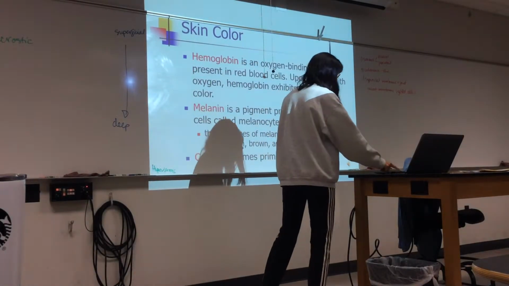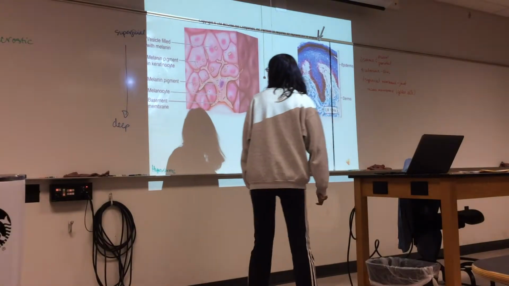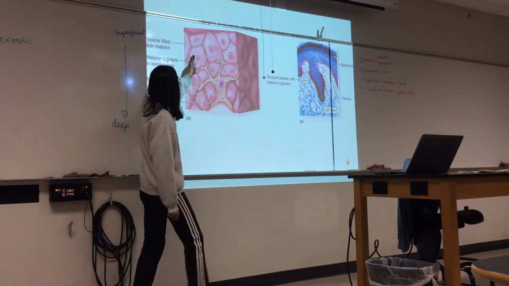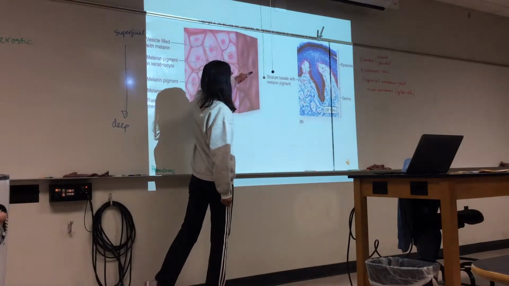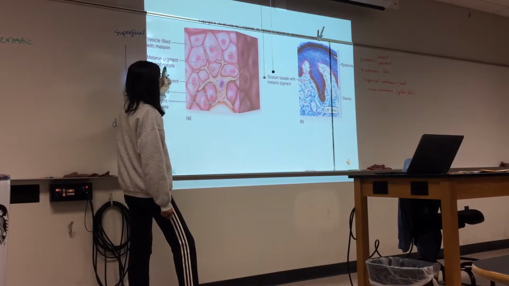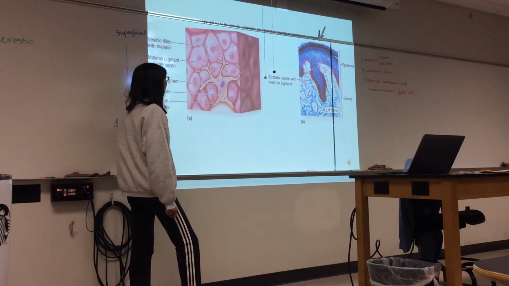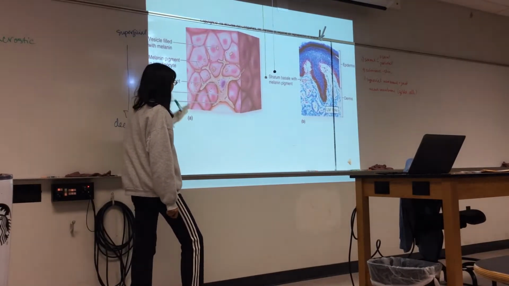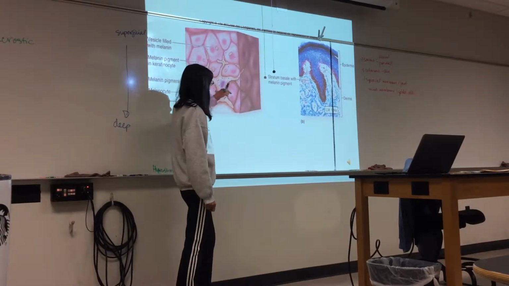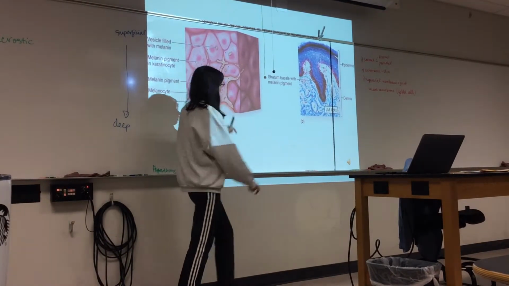Now let me look at some of the specific cells. Most of these are keratinocytes. They make keratin, right? But what layer is this, stratum what, guys? Over here.